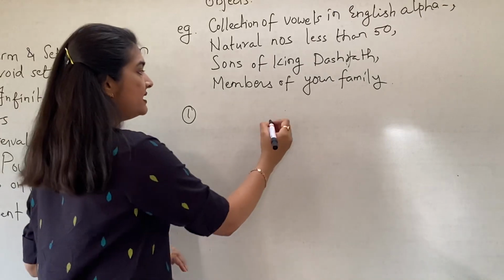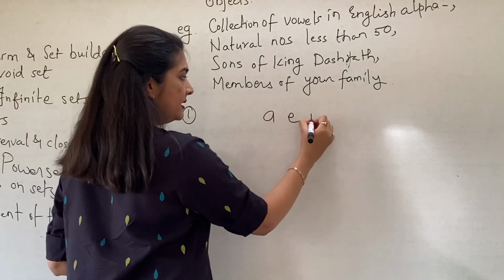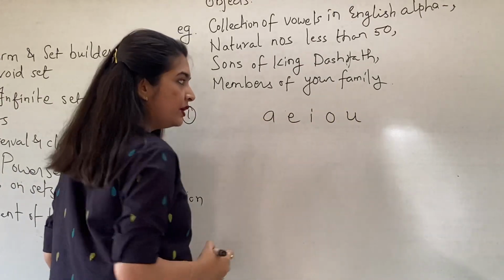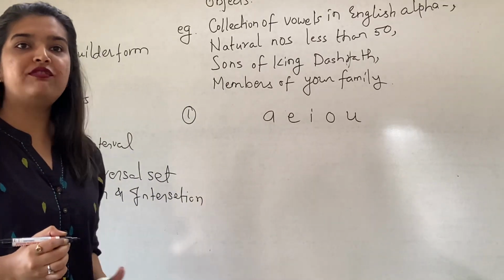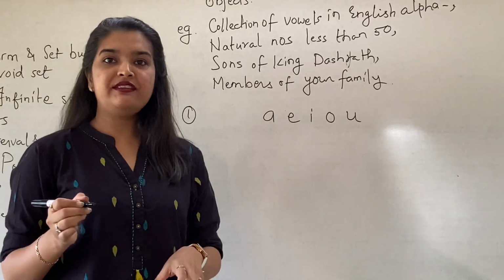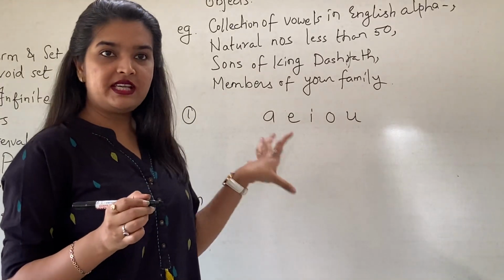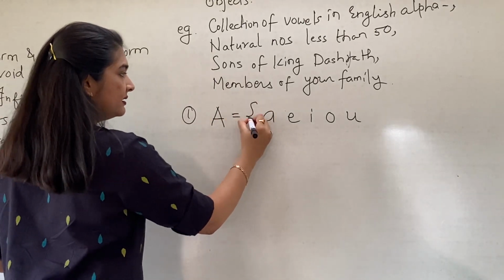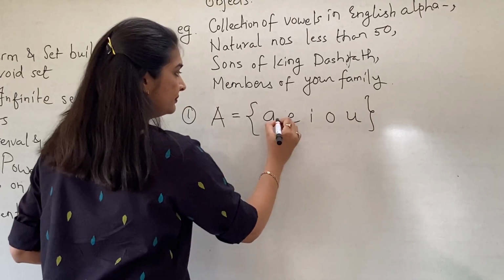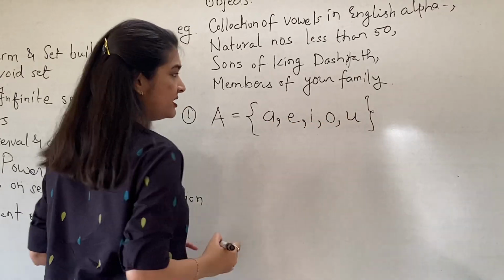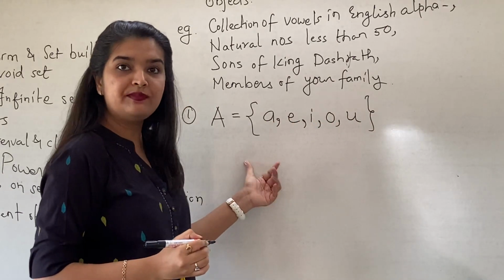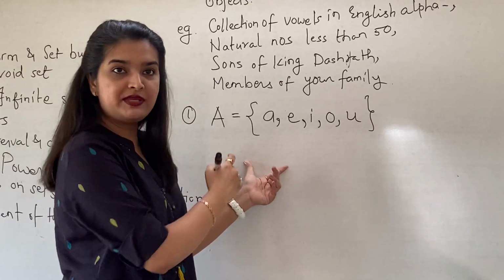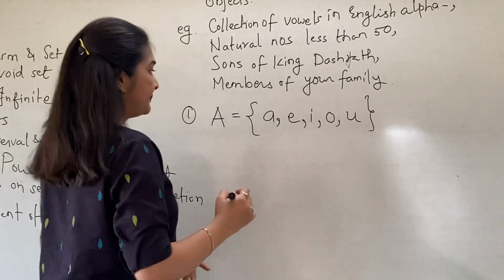So vowels are A, E, I, O, U. But I wanted to write this in the form of set. So if I denote this set as A, so A can be written as, they are separated by commas and enclosed with the curly braces, and no element is repeated over here, right?